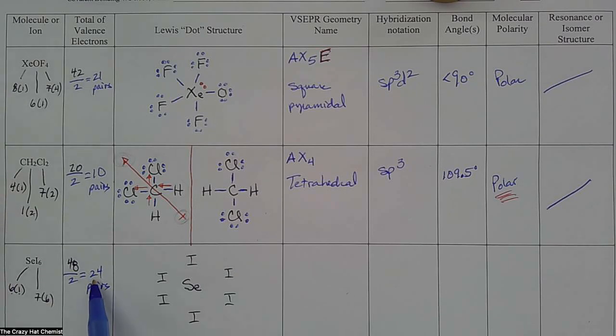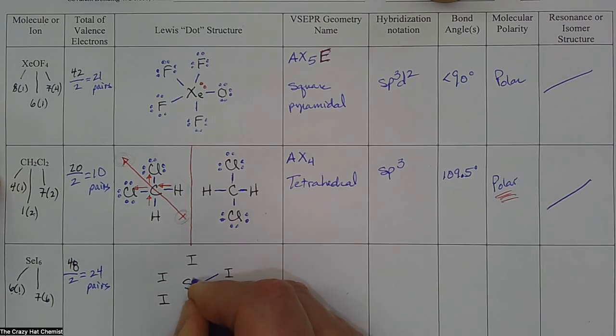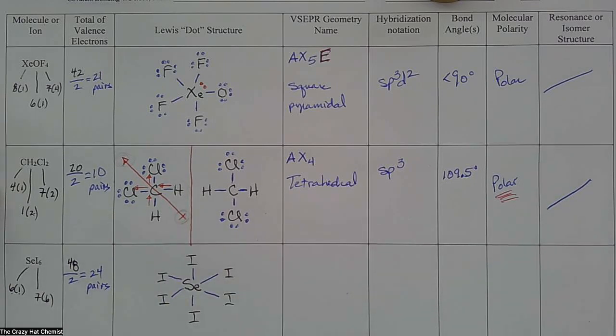Okay, now I have 24 pairs. I have no bonds, no lone pairs, nothing. Now I'm going to place these bonding pairs of electrons between the central and outside, central and outside, central and outside, central and outside, central and outside, central and outside. Okay, that has used up 6 pairs of electrons. I'm going to use up 24.